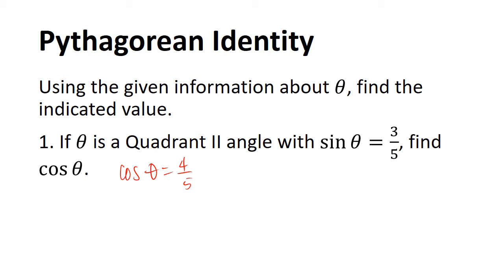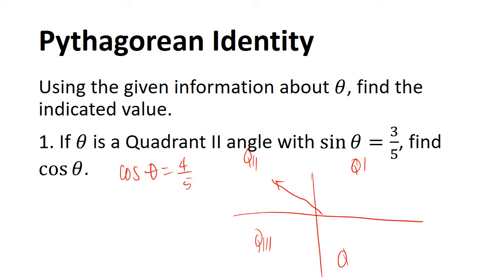If we draw that now, the angle theta is in quadrant 2. So, this is quadrant 1, this is quadrant 2, quadrant 3, quadrant 4. So, the terminal side of angle theta is here in quadrant 2.